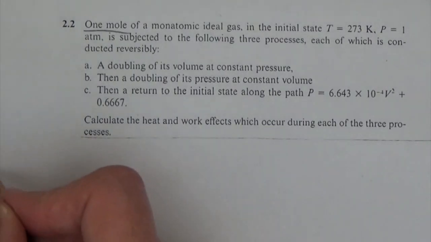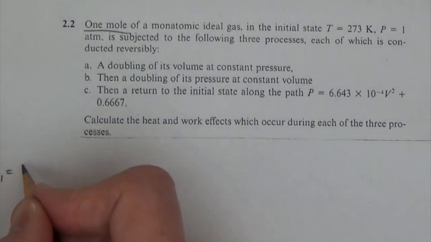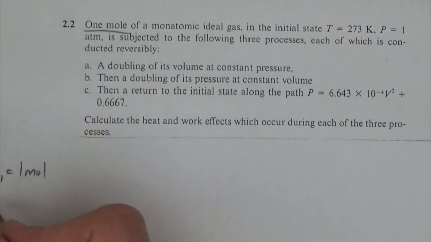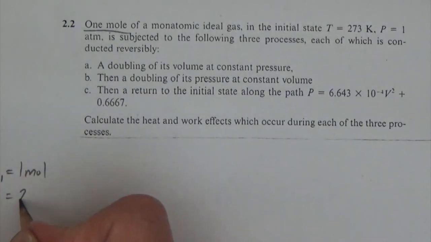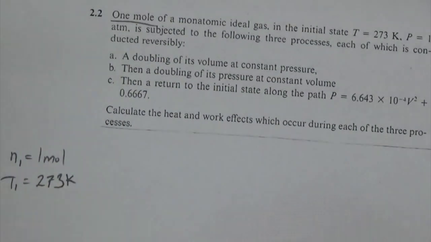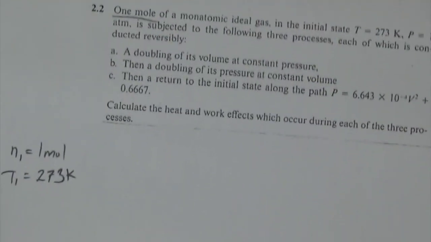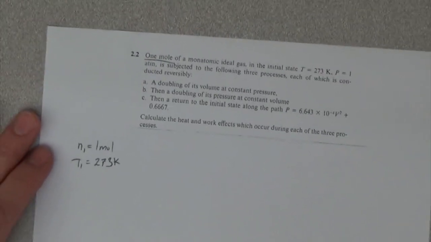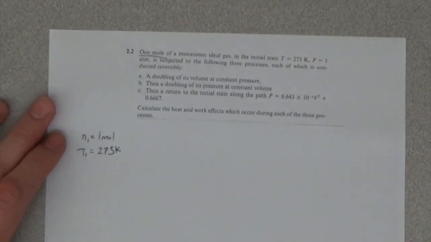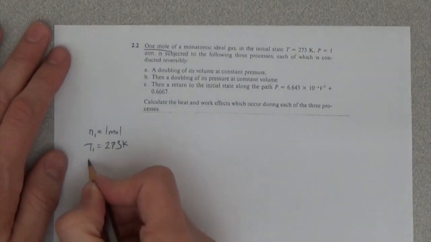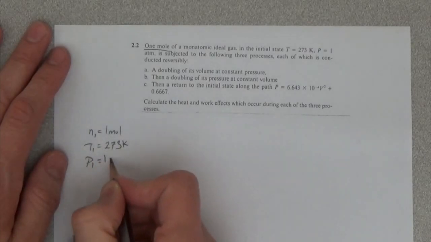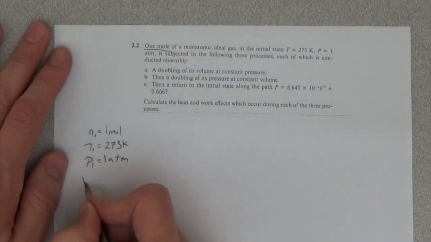So we start with n1 is equal to 1 mole, T1 is equal to 273 K, P1 is equal to 1 atm.